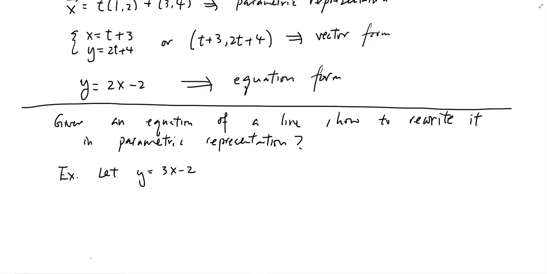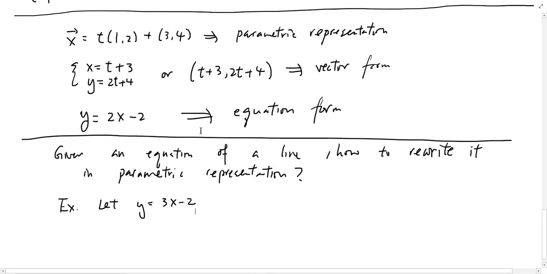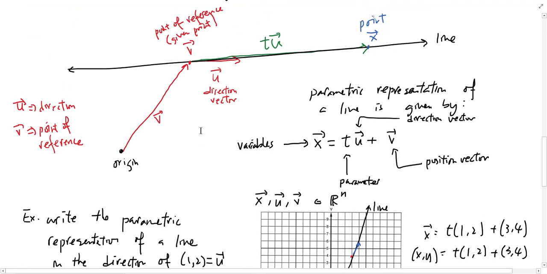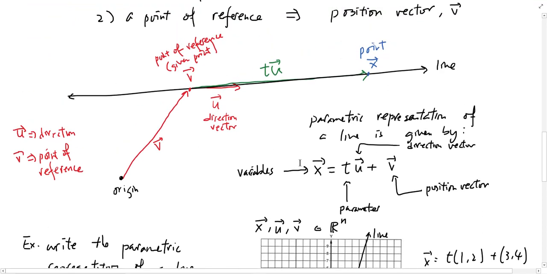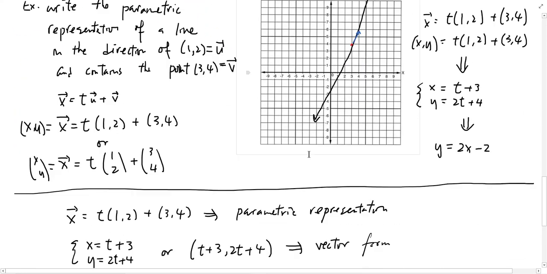For a line, I'm going to show a very simple process. Based on what we have seen of the basic parametric representation of a line, we need only one single parameter, which we're going to call t.